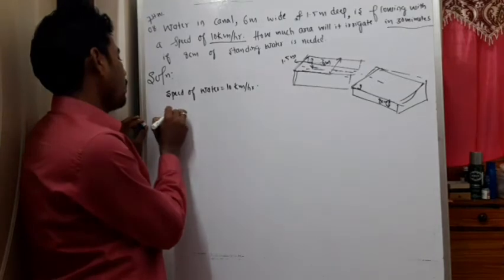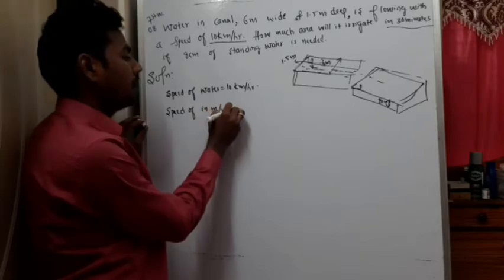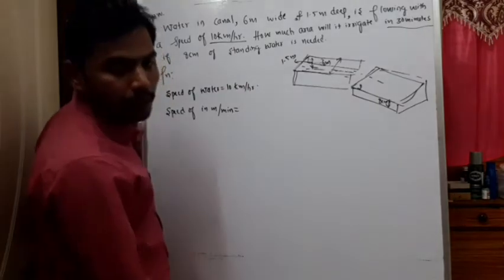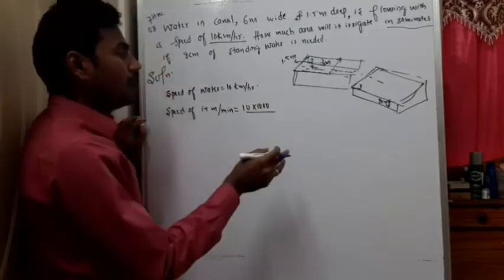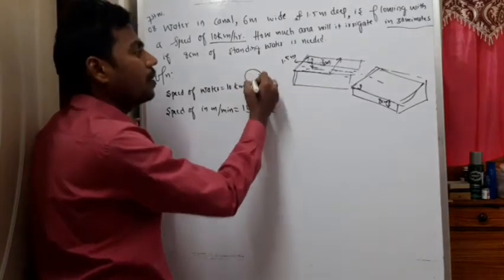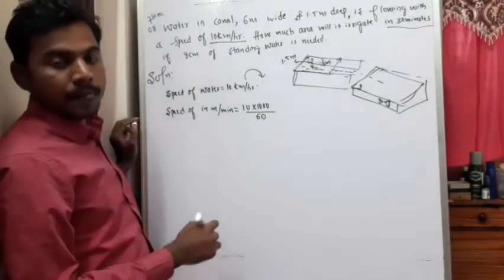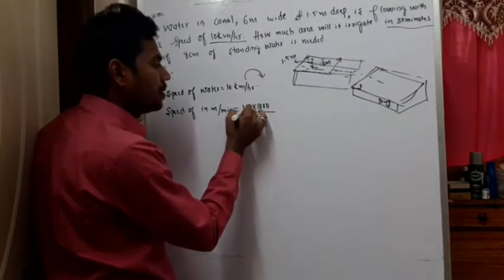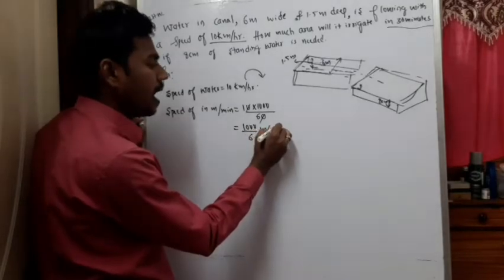So speed of water in meter per minute is equal to 10 kilometer, and to convert it into meter, I need to multiply with 1000. To convert per hour to per minute, I need to divide it by 60, because 1 hour is equal to 60 minutes. Now 0 will get cancelled, that is 1000 divided by 6 meter per minute I'll get.